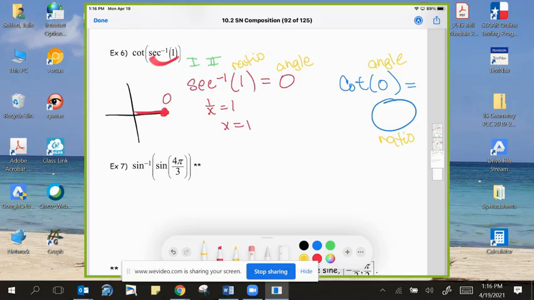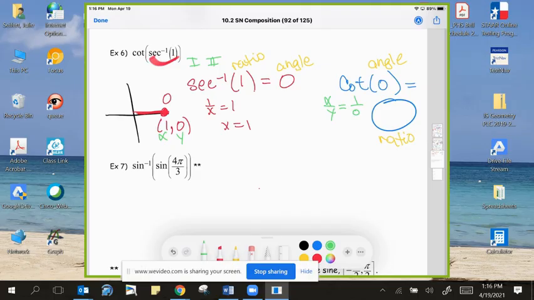We already have the angle drawn, so we don't need another triangle here. Cotangent is 1 over tangent. Cotangent is x over y. So we'll want the coordinates for this point. The x was 1, that y is 0.